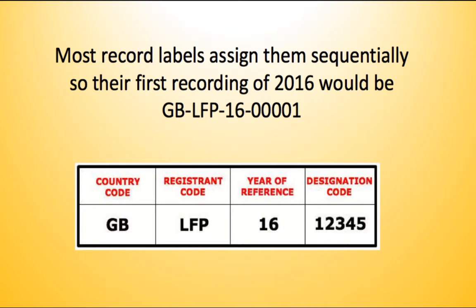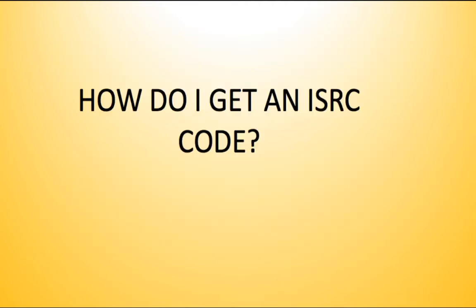Most record labels assign them sequentially, so their first recording of 2016 would be GB-LFP-16-00001. And if you look below, it's broken down again, so you know exactly how it's supposed to look when you set yours up.